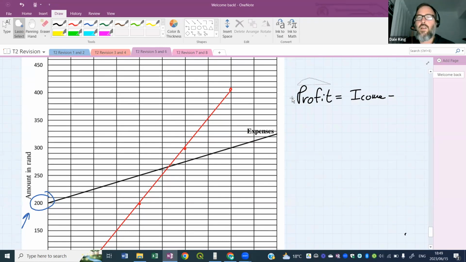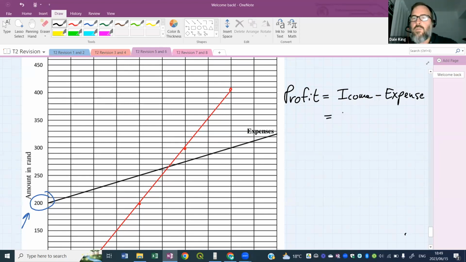Profit equals income minus expenses. So where is this person making profit? For example, if your income is 300 Rand and your expenses are 200 Rand, you will be making 100 Rand profit. So we see here in this scenario where the income is more than the expense, that's when you're making profit. So where on this graph is the income more than the expense?